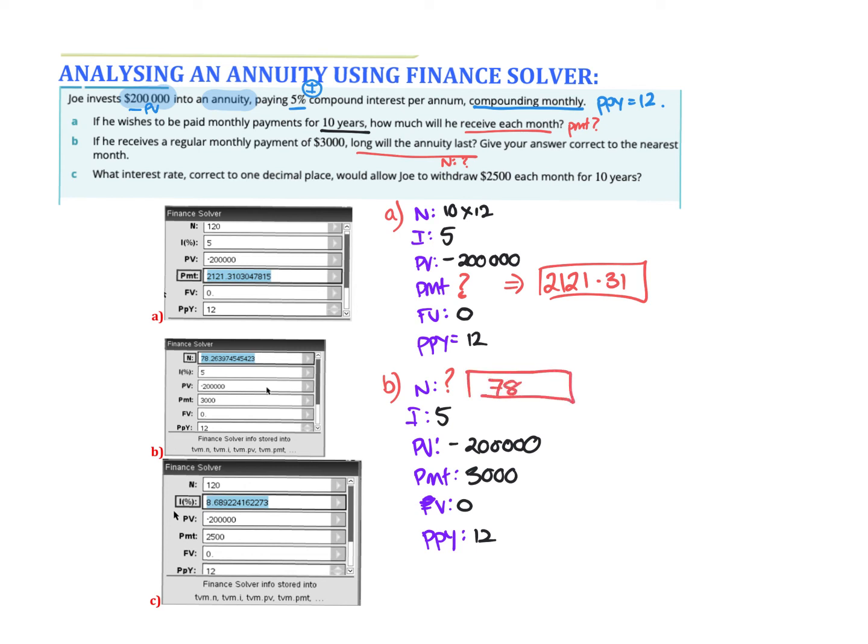We're just going to go to the whole number, don't worry about rounding. So if it was 78.9, still say 78, because you don't get that full 3,000, do you? We would just chuck it on the last one. So just write 78 months.